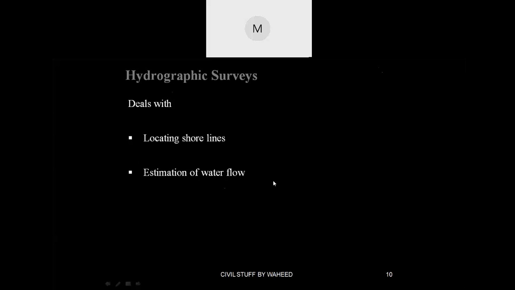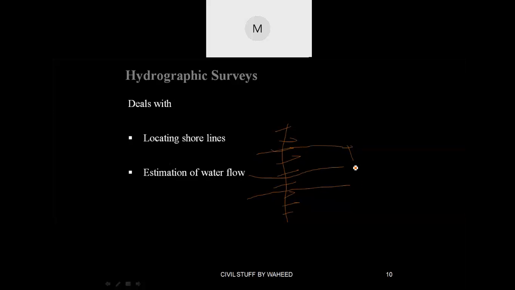What they will be doing is, in a particular place in a dam they will be fixing up a gauge level. On that gauge level you will be having readings for every foot, like that. Suppose earlier the water is up to here, they will know the earlier capacity. After rainfall it has come up like this.